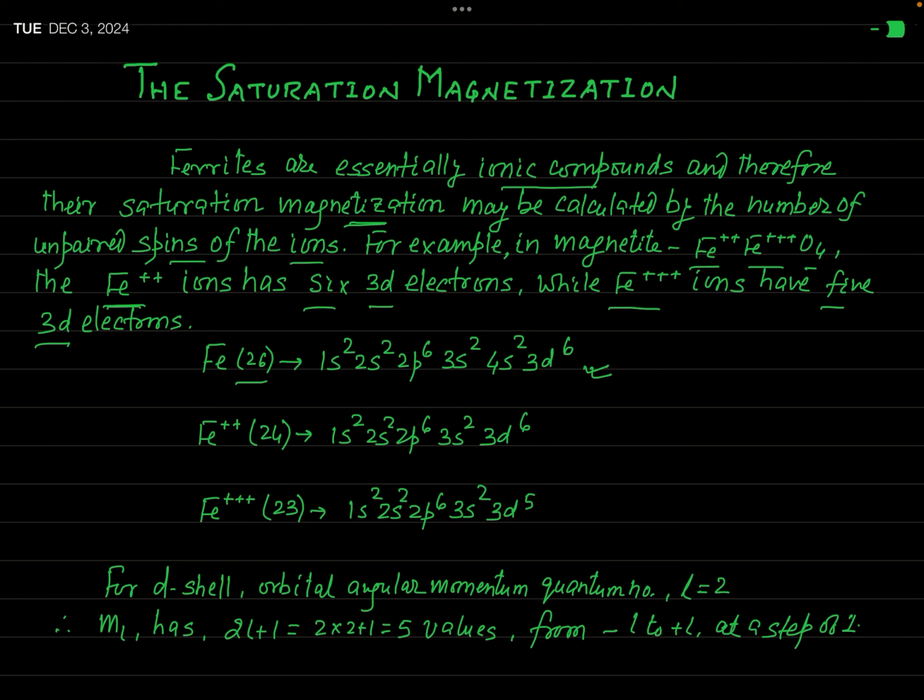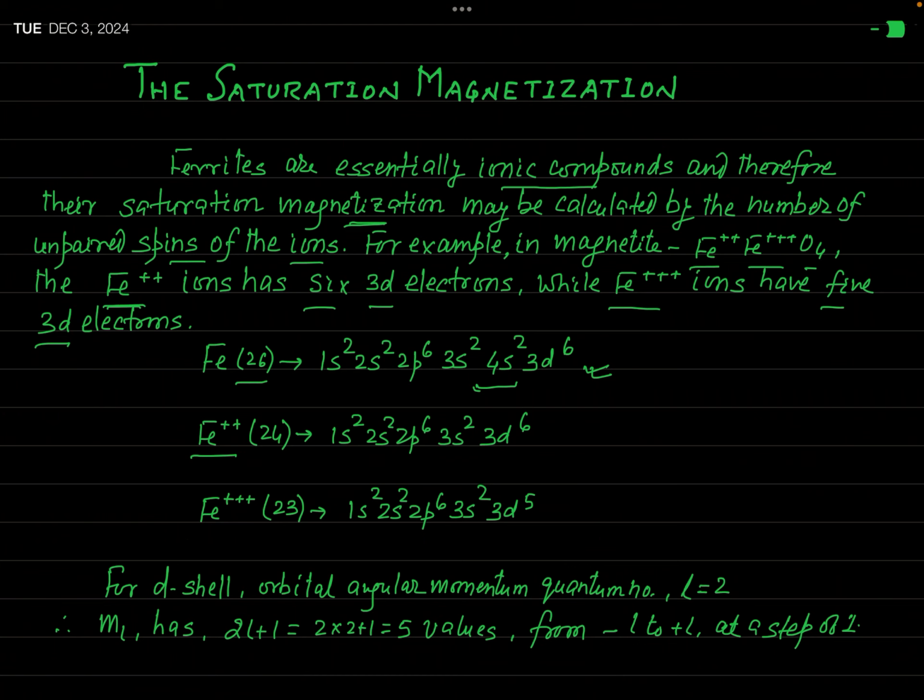Now see the electronic configuration of the ferrous ion, Fe²⁺. When you say Fe²⁺ ion, it means you have removed 2 electrons. Which 2 electrons will be removed? The 4s² electrons are more loosely bound to the nucleus, and these are the valence electrons.